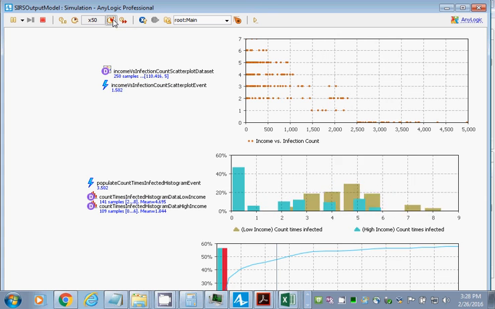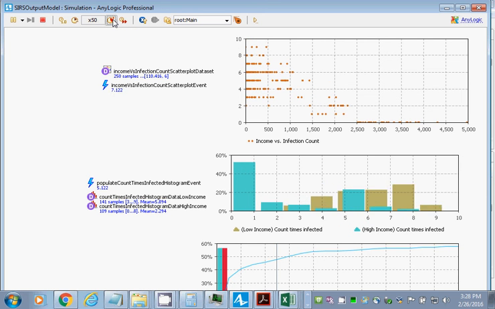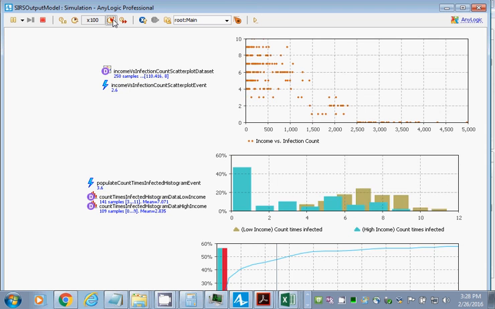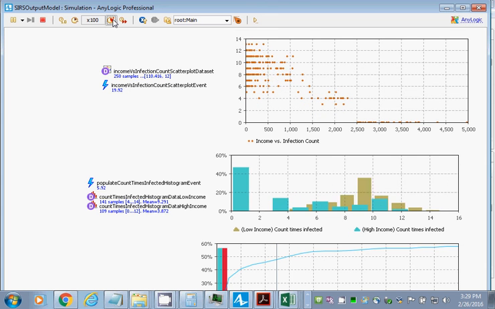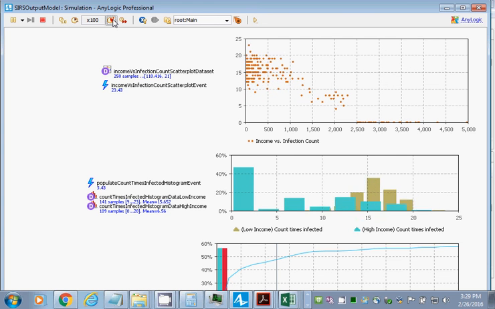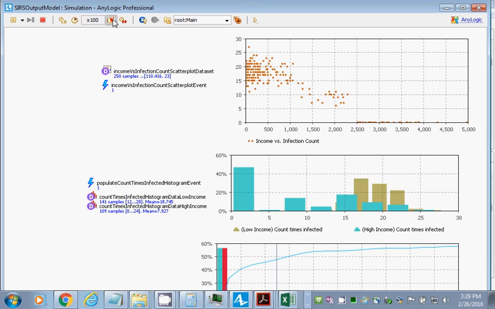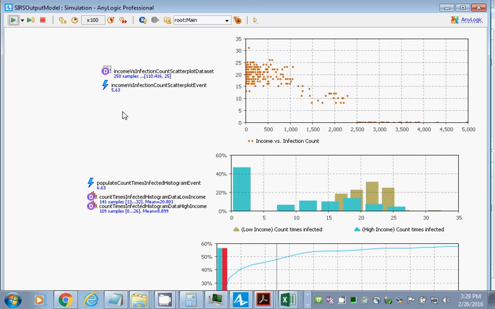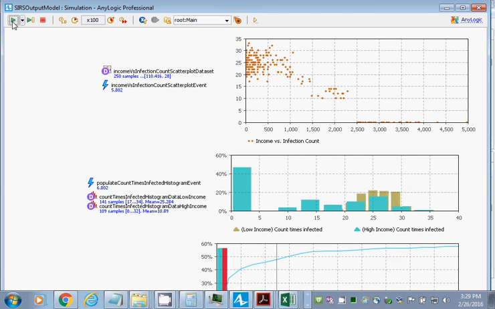Now, had we time, and unfortunately we don't, it would probably require about 15 minutes or so, we could put in place an intervention that would focus on people who have high numbers of previous infections, the frequent flyers, and we could focus on reducing their susceptibility. Or we could focus on people who have a large number of connections, and we could focus on faster recovery for them. Something along those lines. And what you would see is that this curve, this association between income and infection count, would be shifted.